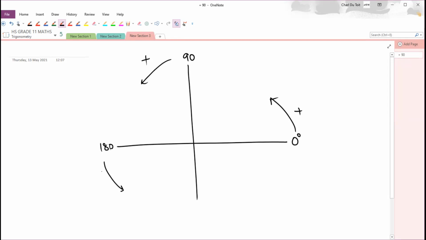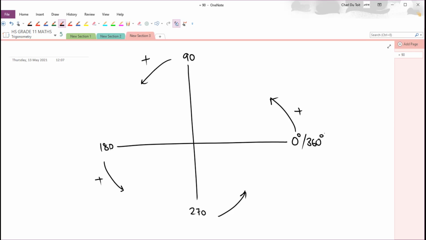Moving on another 90 will get me to 270, and obviously moving another 90 degrees will get me to 360 or back to 0 again. So 360 degrees and 0 degrees is exactly the same point. If you draw a sine graph, for instance, you'll find that you start at 0, the graph ends at 360 and you're back at the same spot basically.